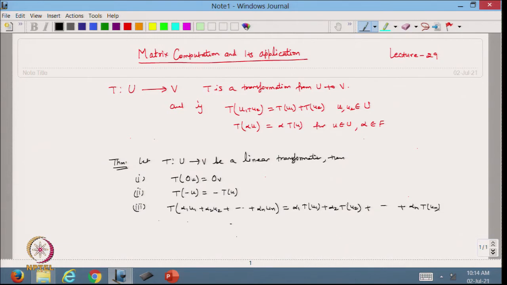So, these are the three results about the transformation. Now, we can prove all of these very easily.